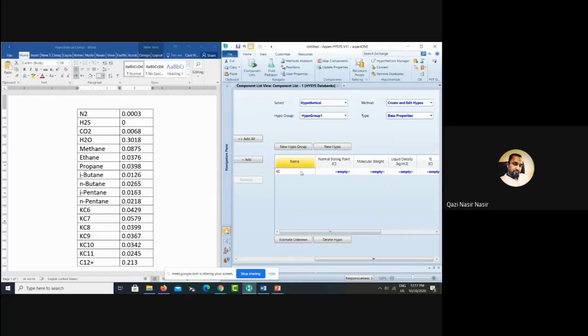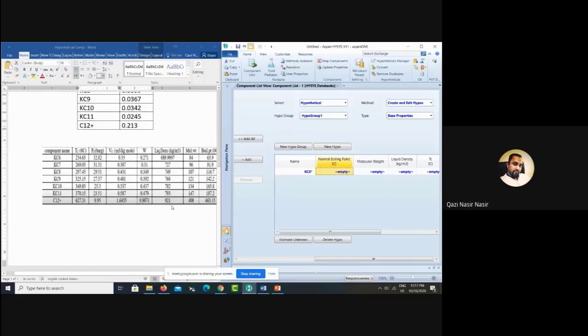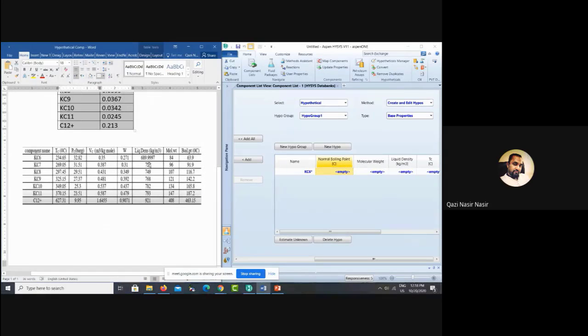call this one KC6. Now I will go and see what are the properties that are given for KC6. I have the boiling point for KC6, which is 63.9. I have the molecular weight for KC6, which is 84.